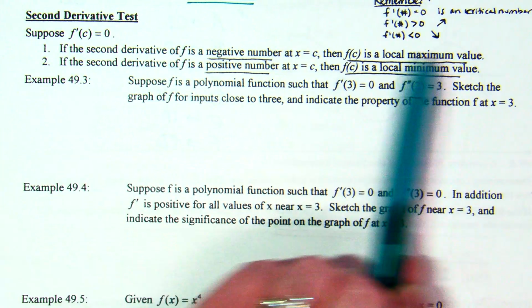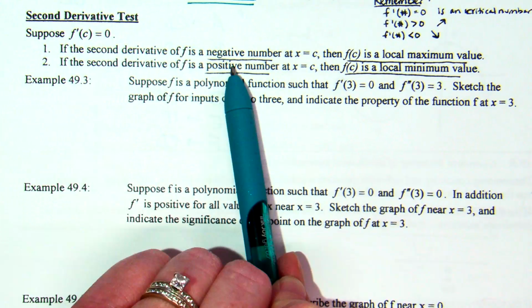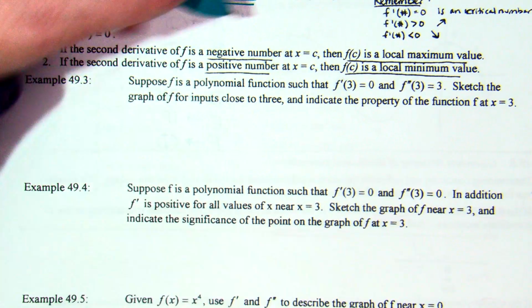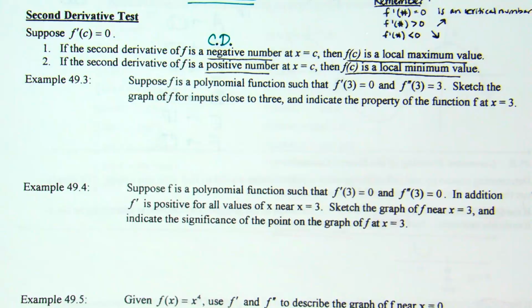Think about this. If the first derivative equals 0, that means most likely a min or a max, yes? Well, if the second derivative is negative, second derivative negative means concave what? Concave down. Yes? What happens when a graph is concave down?